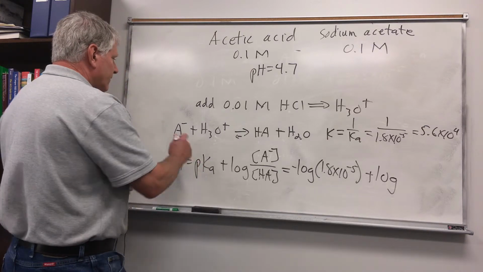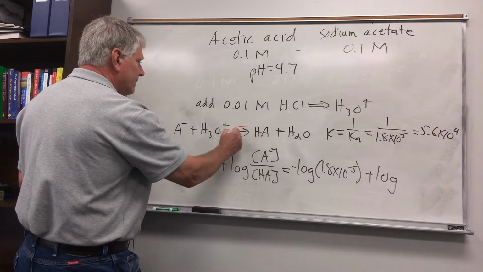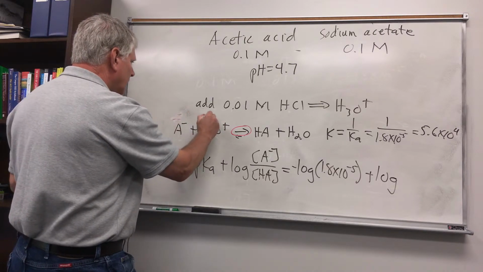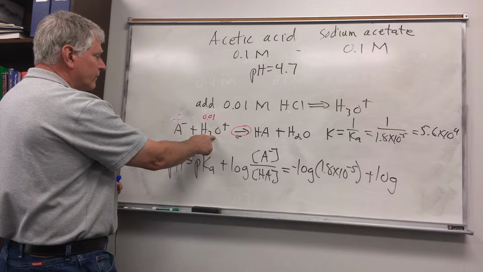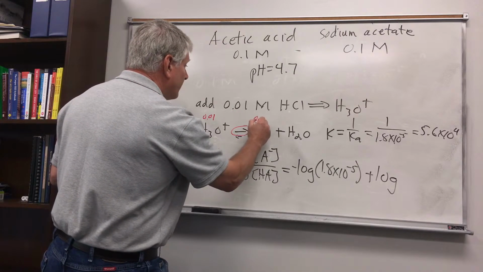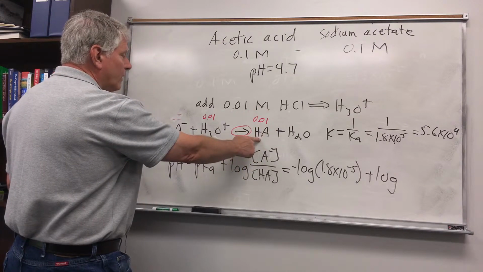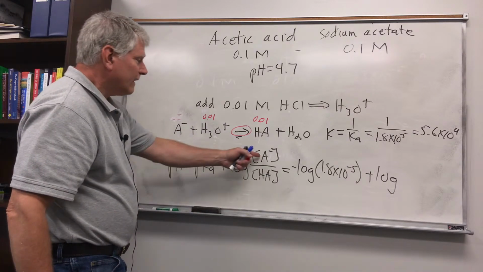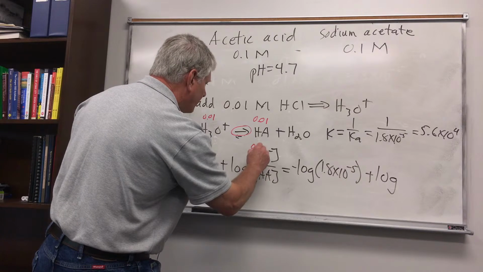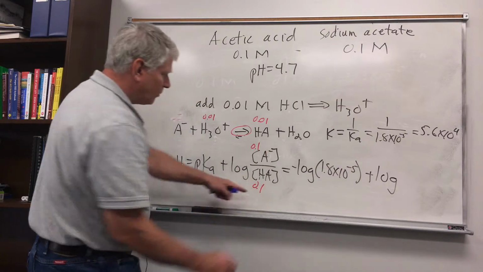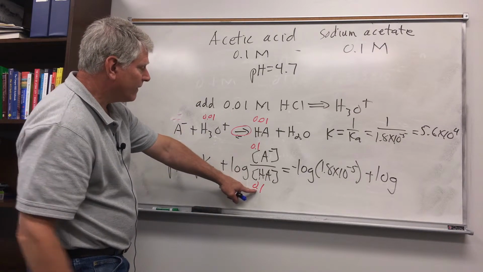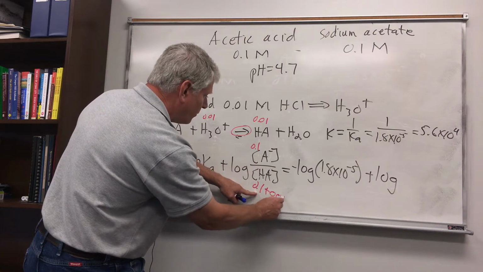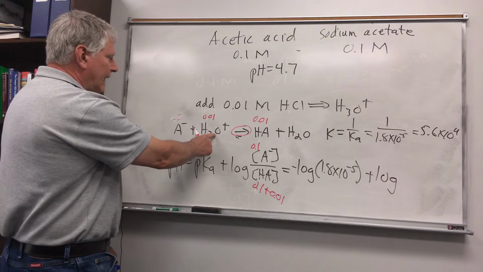So we're going to consider this reaction going all the way. And so if I start with 0.01 molar H3O plus, I'm going to produce an additional 0.01 molar HA. So now instead of 0.1 molar HA, I've got 0.1 plus this additional amount, 0.01. So I've added acid.